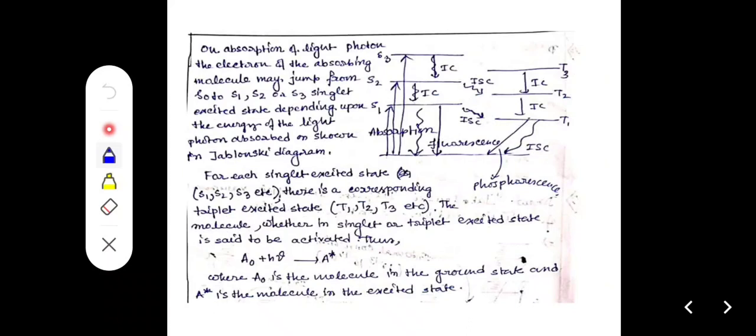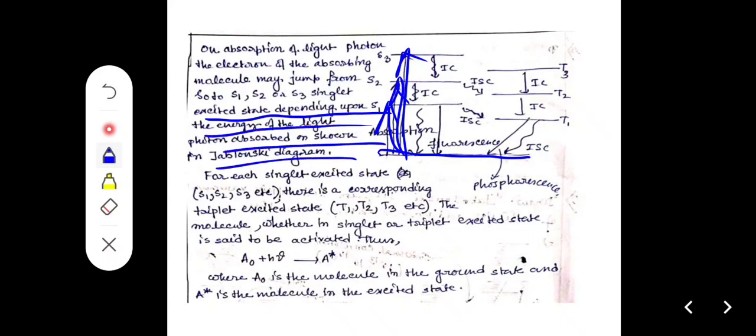Now, on absorption of a light photon, the electron of the absorbing molecule jumps from S0, the ground state, to S1, S2, S3, the singlet excited states, depending upon the energy of the light photon absorbed, as shown in the Jablonski diagram.